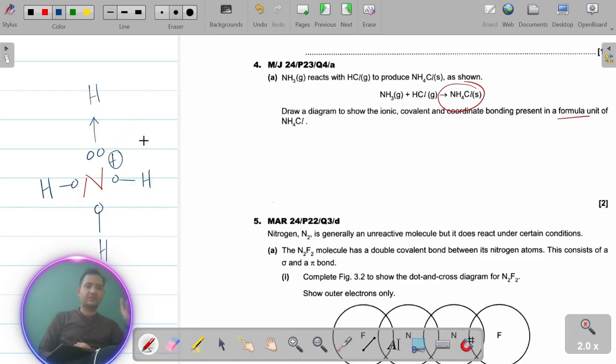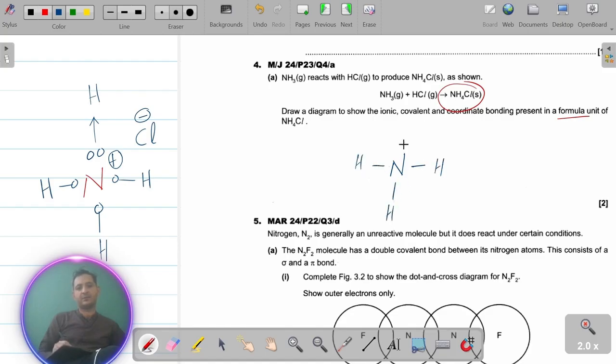Okay, so there's a chlorine, Cl negative, and it is attracted to this positive charge. So 1, 2, 3, these bonds are covalent. From the lone pair to hydrogen is a coordinate covalent or dative bond. And the bond between this positive and negative is ionic. Now I can draw this shape here, like this.